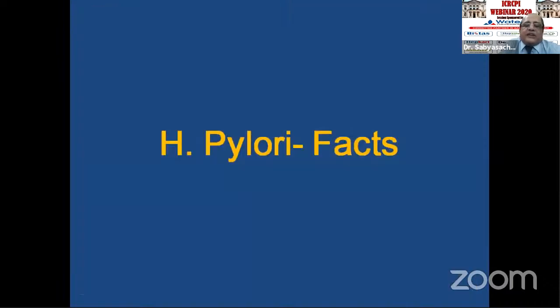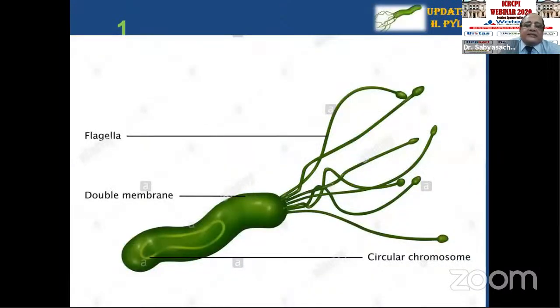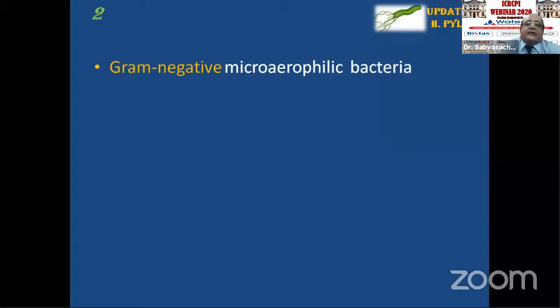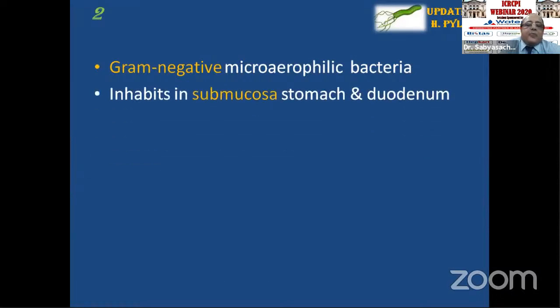Now, what are a few facts about H. pylori? This is not a virus, this is a bacteria, a gram-negative bacteria with flagella, a double membrane, and circular chromosomes. The characteristics: it is a gram-negative microaerophilic bacteria, which means it can live within a low oxygen level.